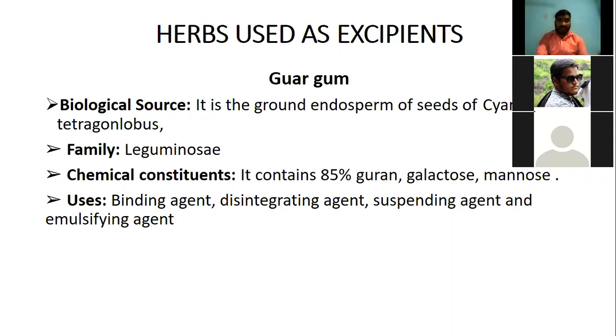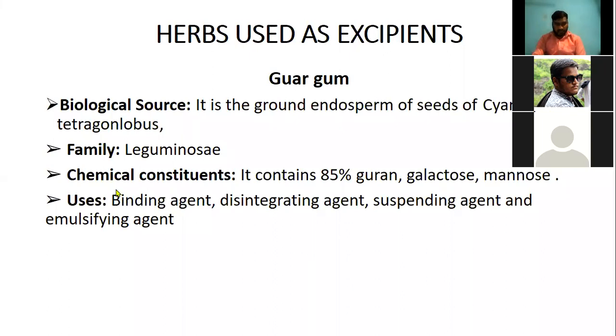So what are the uses of guar gum? It is also used in diabetic patients. It acts as an anti-diabetic drug, a natural drug that you may use in the treatment of diabetes. Another use as an excipient, which is the most important, is as a binding agent.